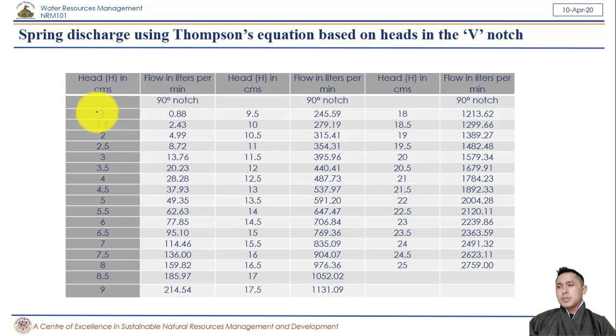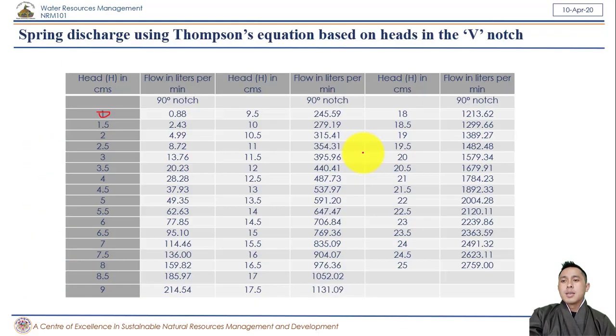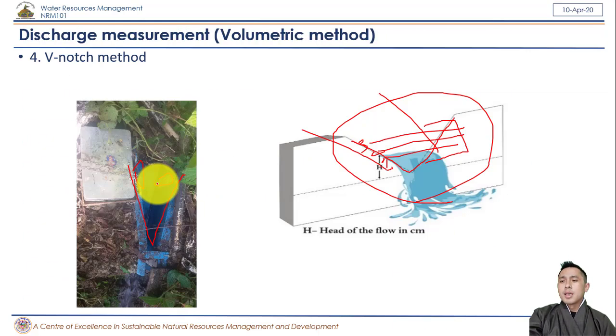So let's say the height is just 1 centimeter here, this is 1 centimeter, this is 2, this is 3. If the height is just 1 centimeter, then we have 0.88 liters per minute as the quantity of water flowing from there. If the height is 4, we have 1, 2, 3, 4.